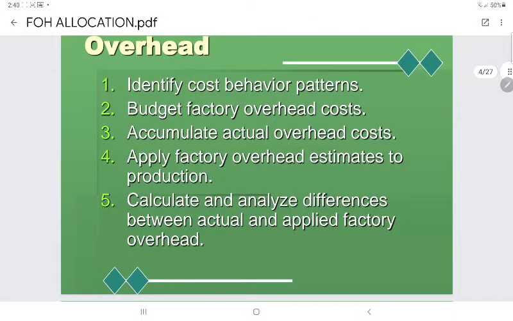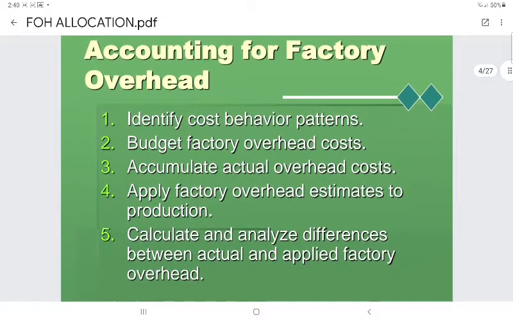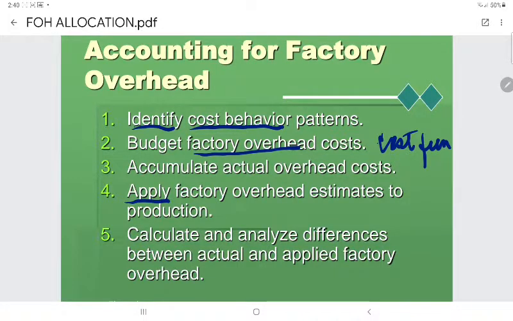The series of activities that you need to do are the following in order for you to be able to apply your factory overhead. The reason we talk about the different cost behavior that there's a need for you to identify is for us to be able to formulate the cost function, no, of your factory overhead, and this would be your basis for us to be able to apply.